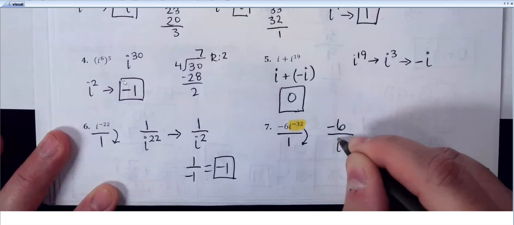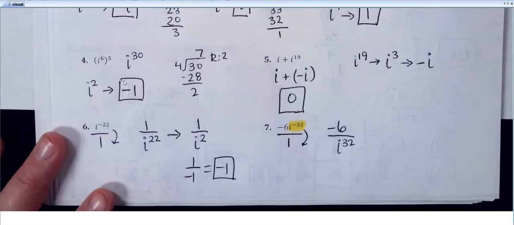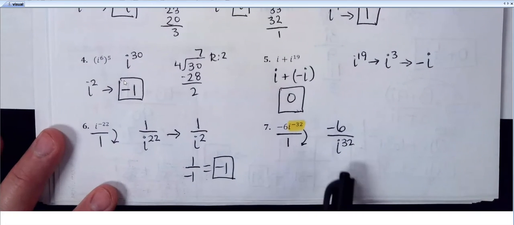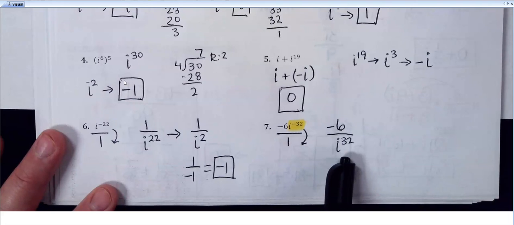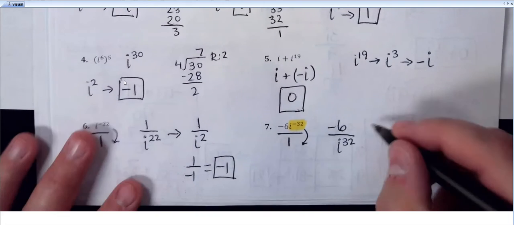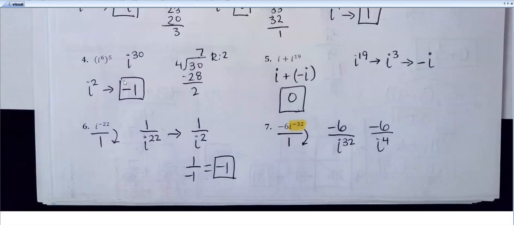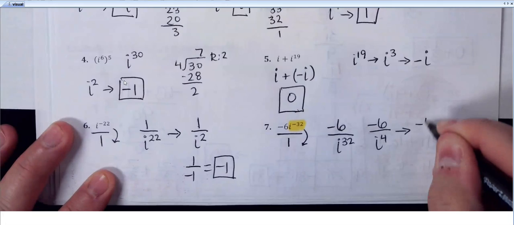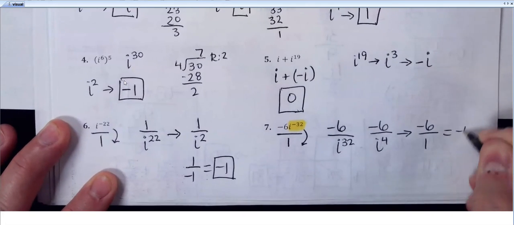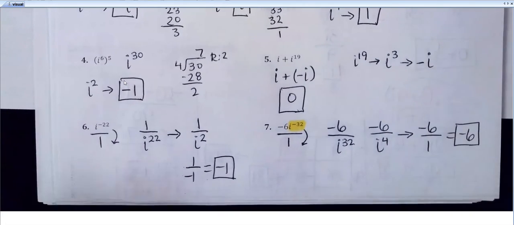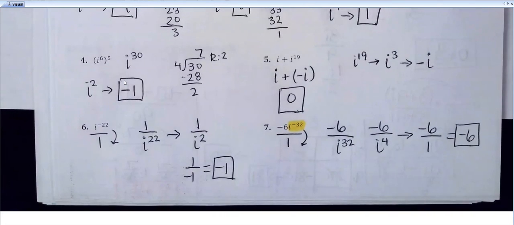This would then become i to the 32nd on the bottom. If I divide 32 by 4, that goes in, right? 4 goes in. So this is equivalent to i to the 4th. And if you guys remember that, i to the 4th, i squared times i squared, is just equal to 1. So ultimately my answer would be negative 6 here, because it was negative 6 from the top of the problem, because I'm just dividing that by 1.